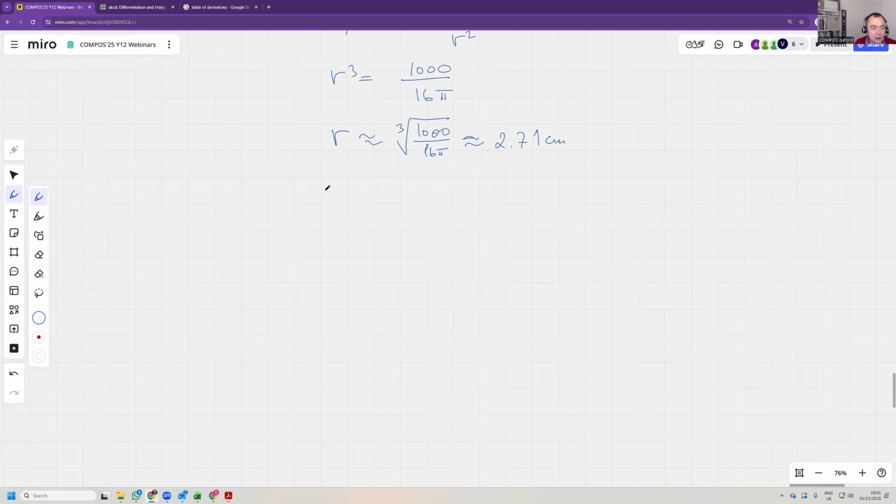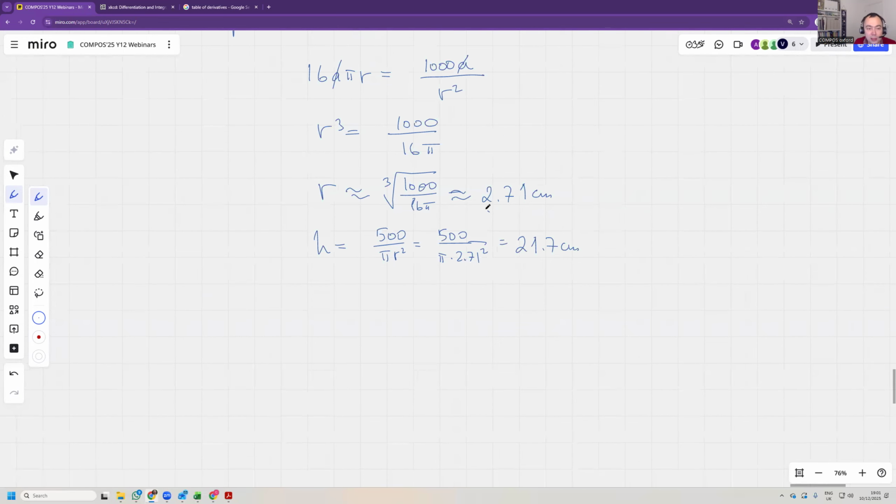And for the height, we know that height is 500 divided by pi r squared. So it's 500 divided by pi multiplied by 2.71 squared, which is 21.7 centimeters.